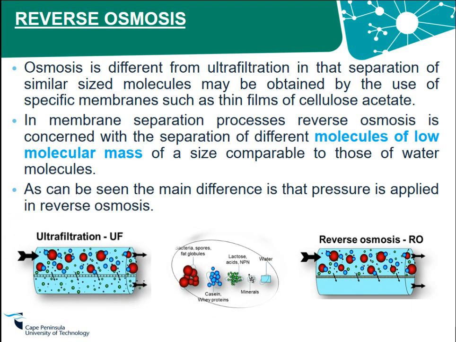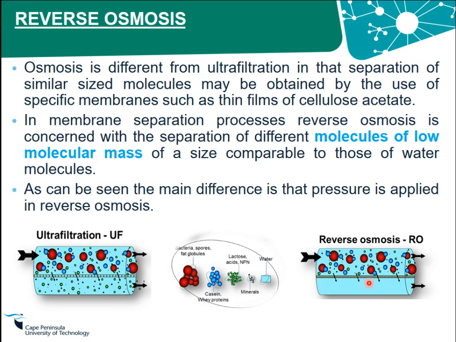So if we look here, we've looked at ultrafiltration on this side, so we still have the same thing, but now in reverse osmosis the membrane will only allow the passage of molecules similar to the size of water, or simply put, water molecules.